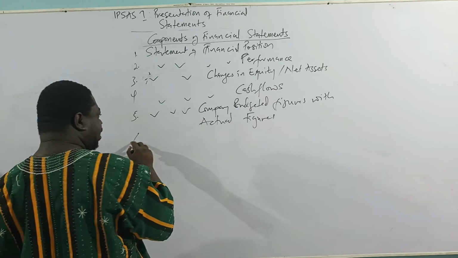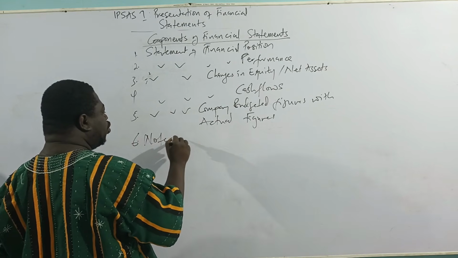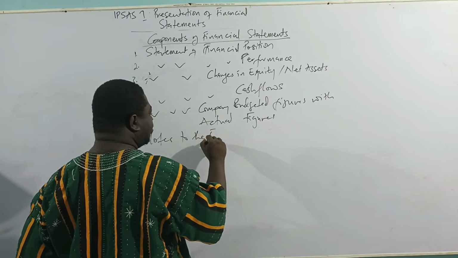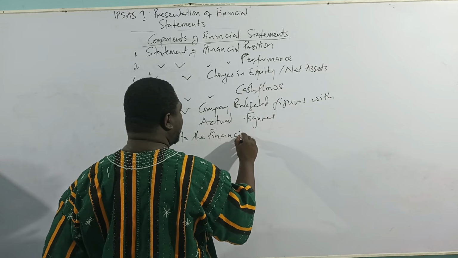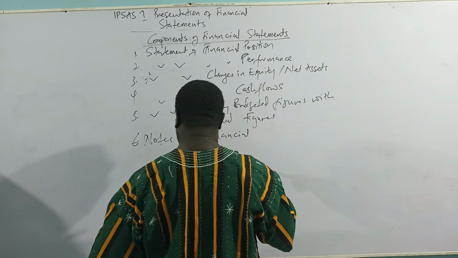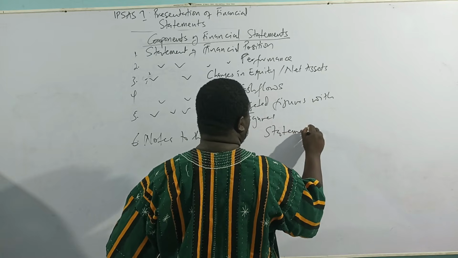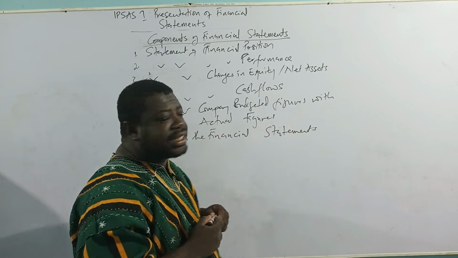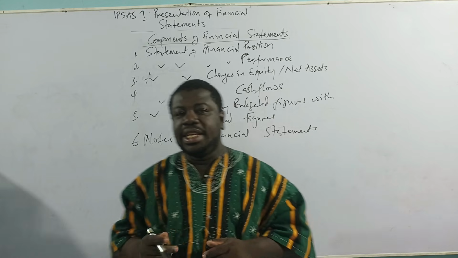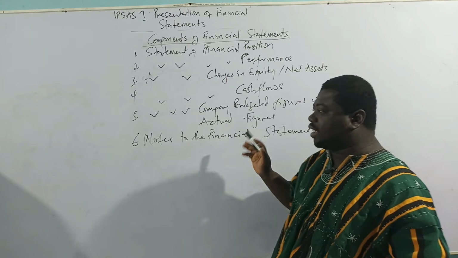And then number 6 will be the normal thing that we know, the notes to the financial statements, which will include the accounting policies that were adopted. So these are 6 components of financial statements.